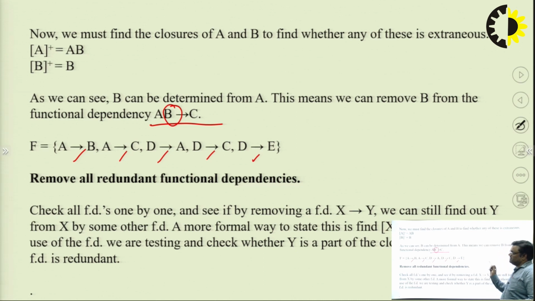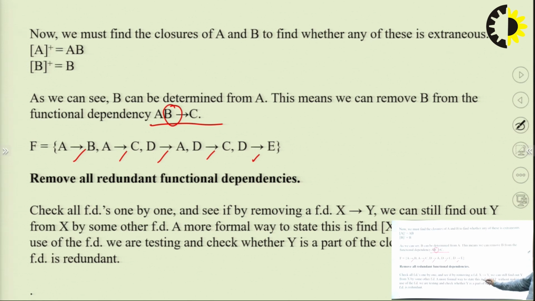Now we are checking for redundant functional dependencies. Check all the functional dependencies one by one and see if, by removing a functional dependency X to Y, we can still find out Y from X using some other functional dependencies.